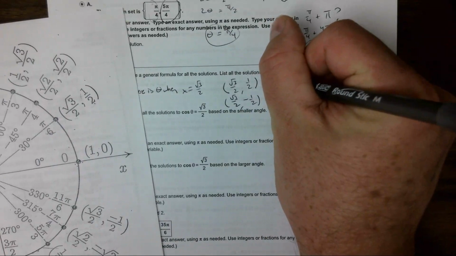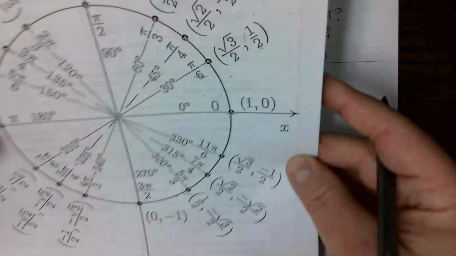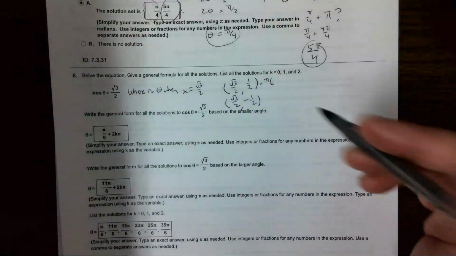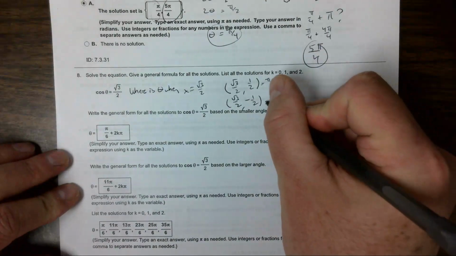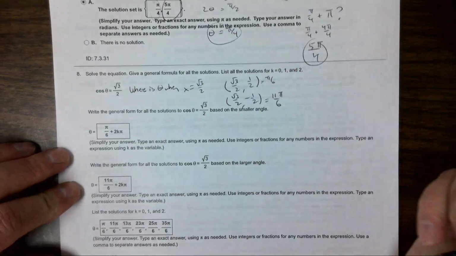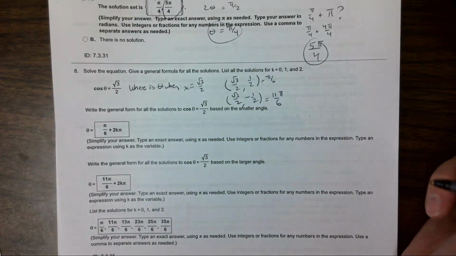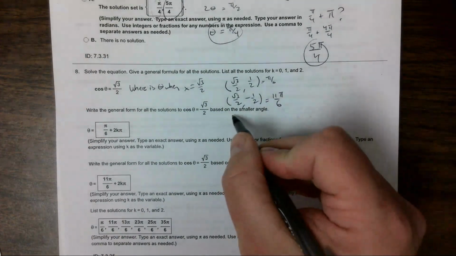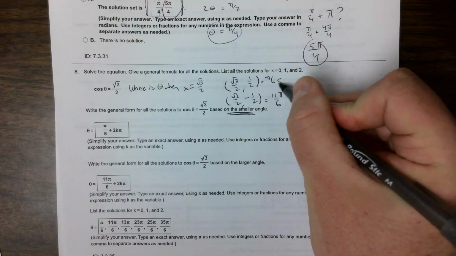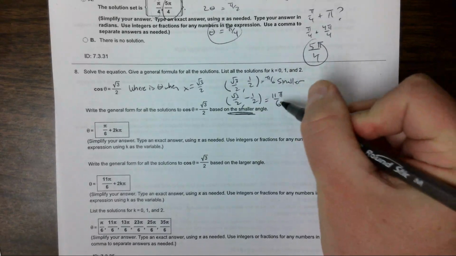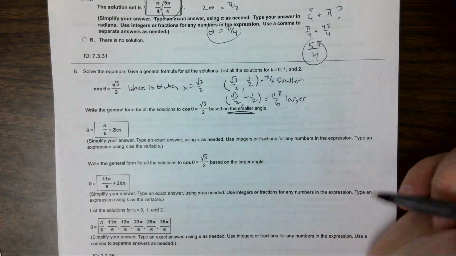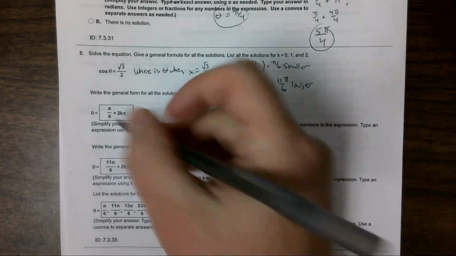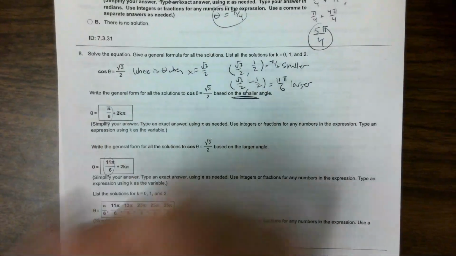So that happened at pi 6, and we went for negative a half, which is 11 pi 6. Now remember in the notes where I said smaller? Well, this is definitely the smaller, because pi 6 is smaller than 11 pi 6. Pi 6, 11 pi 6.